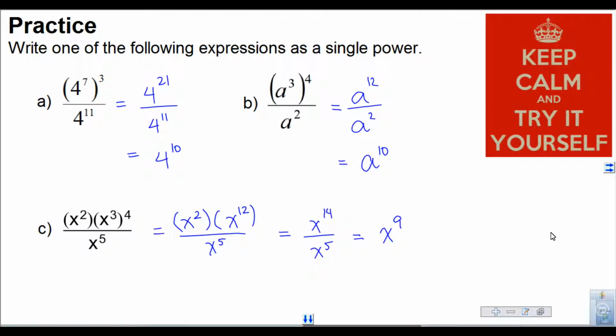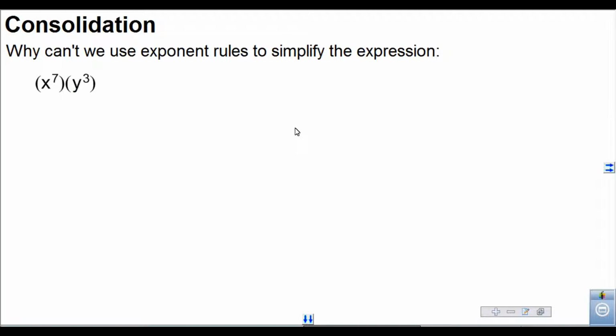All right, so that's about as hard as we're going to go. So let's just come up with one important point here. When the powers are different bases, we actually can't use the exponent rule. So here I can't actually add these exponents, okay?